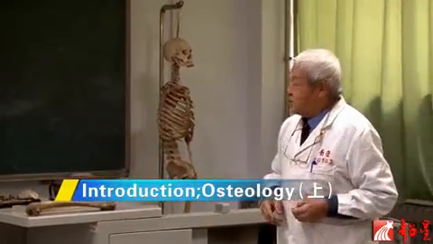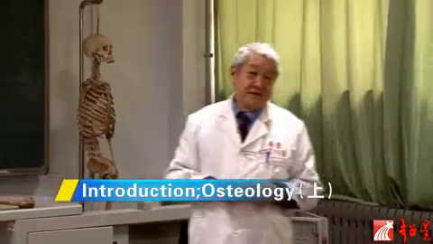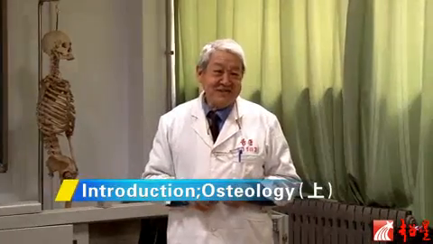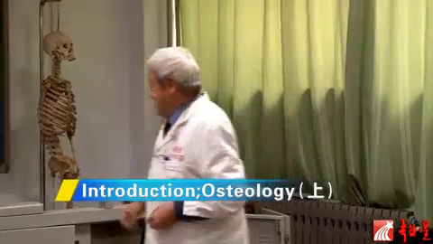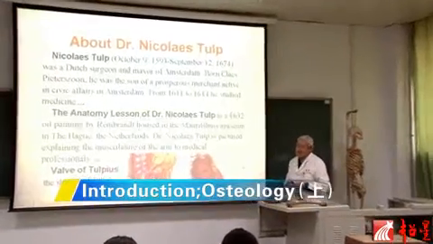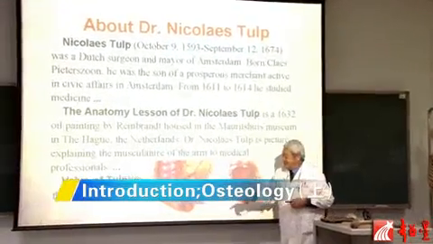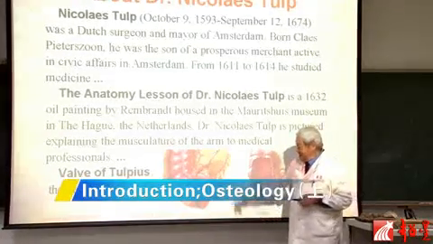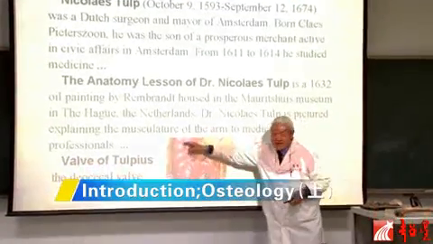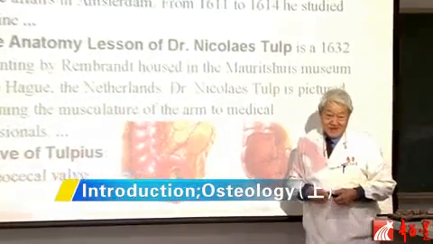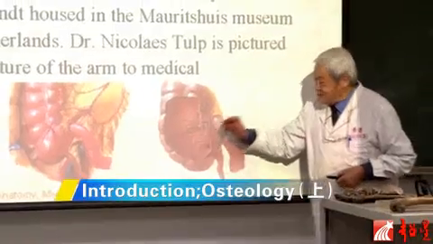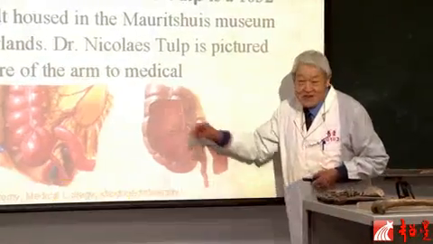Tulp is a very famous surgeon or anatomist in Holland. Dr. Tulp first found a structure between the small intestine and large intestine. Inside of this piece, there are two valves.